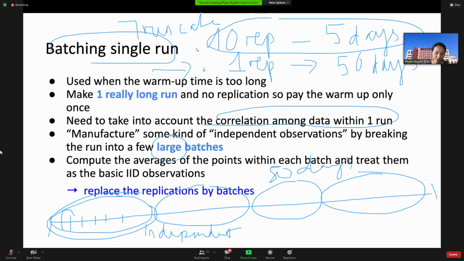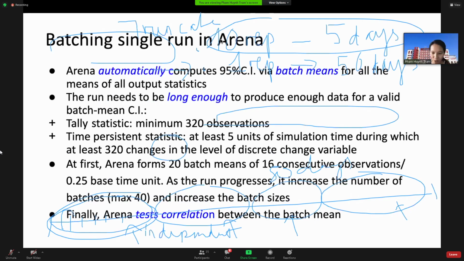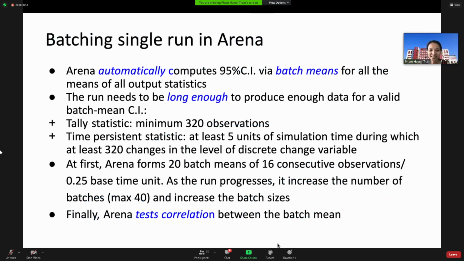Now each replication will be replaced by a batch. So what does Arena do? We do not need to do this ourselves; you only need to understand it since we are learning theory. Arena will automatically form the batches during the simulation. It has an algorithm that tries different batch sizes.